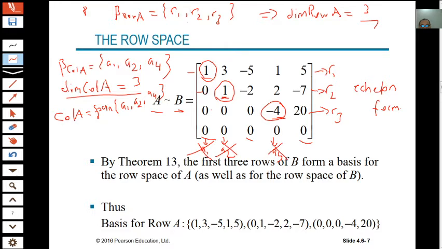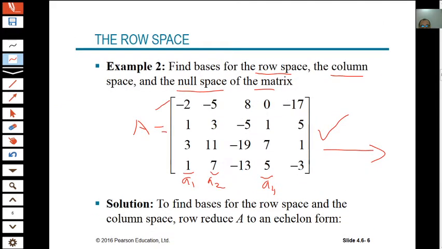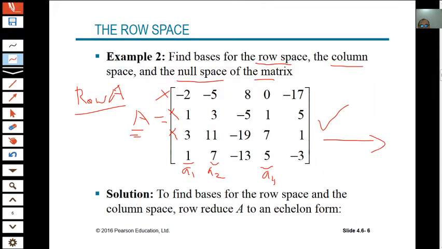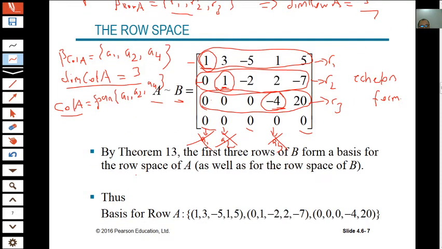But when we write a basis for the row space, we take the rows of the echelon form of the matrix A. We take directly these rows, not the rows of the matrix A, to write a basis for the row space, but for the column space we take the columns of the matrix A itself. Okay, this one, and this one. You should see the difference between them. You should be careful.